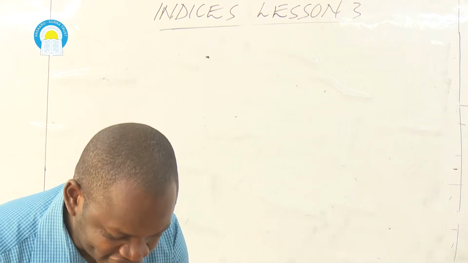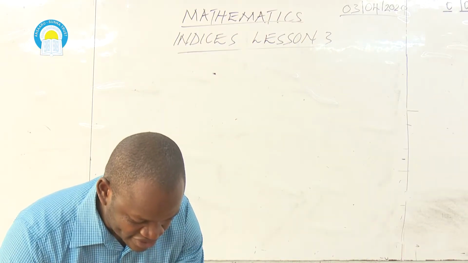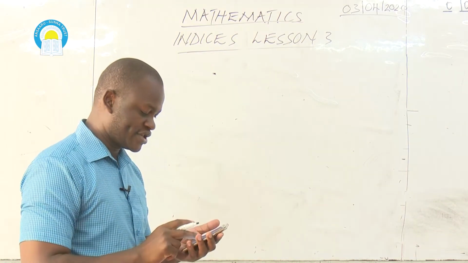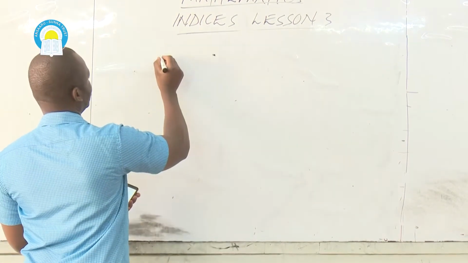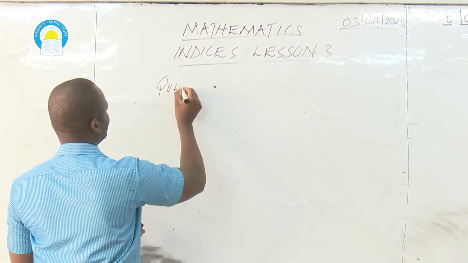So the next question is this. It's a tricky question. You are told simplify. This should be our question 3.